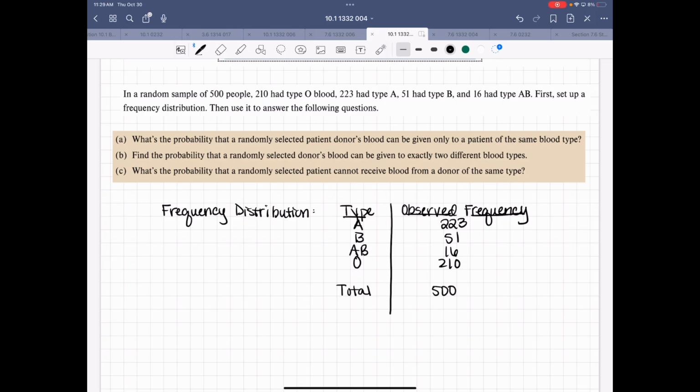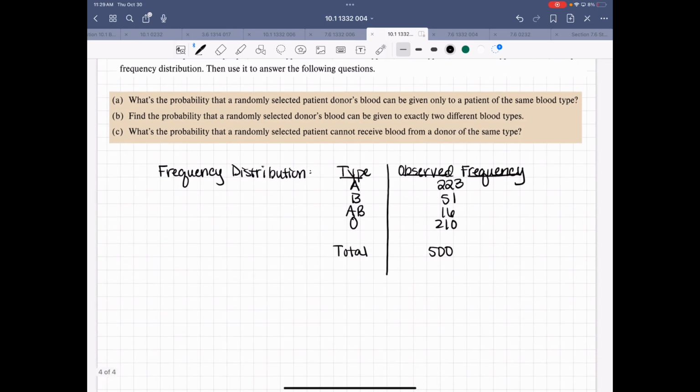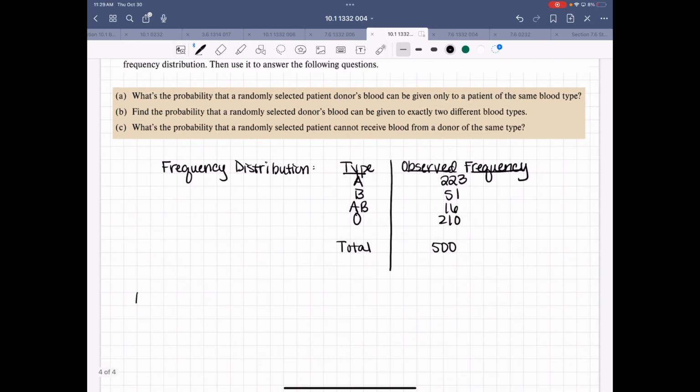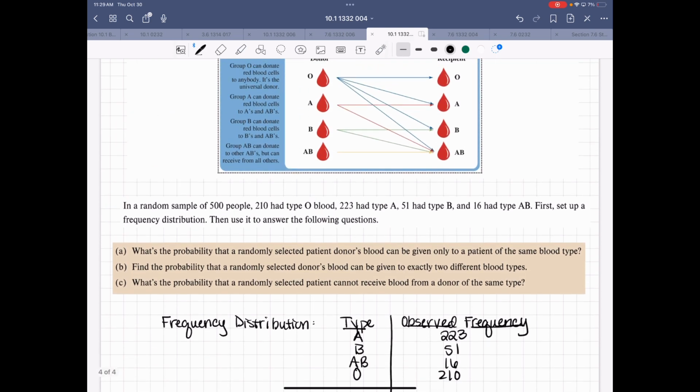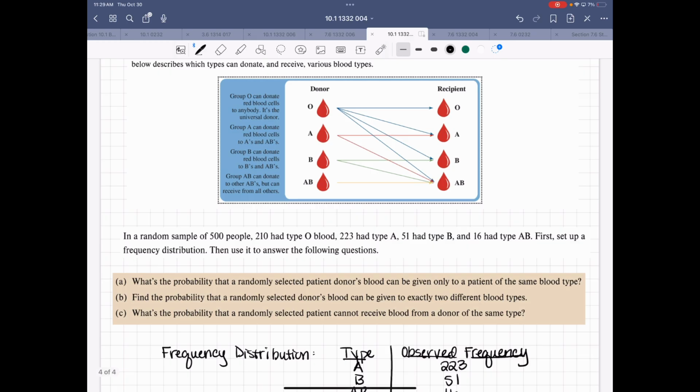Okay, short, simple. Part A says, what's the probability that a randomly selected patient's donor's blood can be given only to a patient of the same blood type? So you're looking at the donor chart up here. Who can only give to themselves, the same type as themselves? O can give to O, A, B, and AB. Look at the donor.